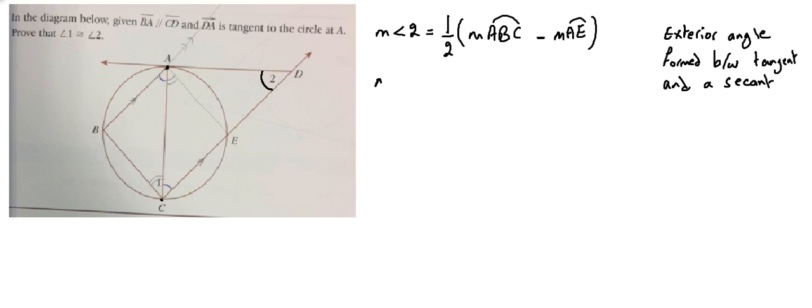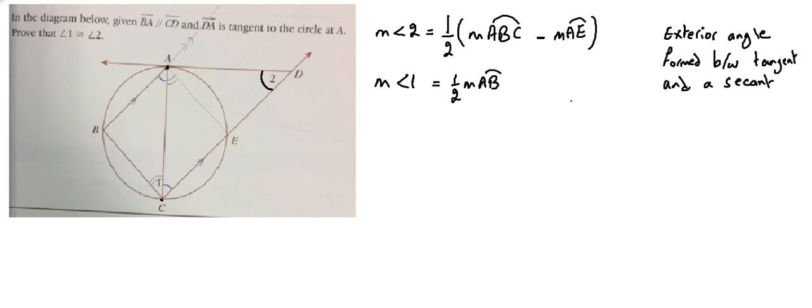Let's say the measure of angle 1 equals what? The measure of angle 1 is an inscribed angle, right? And its inscribed angle intercepts the arc AB. So it is equal to half the measure of arc AB. That's great.